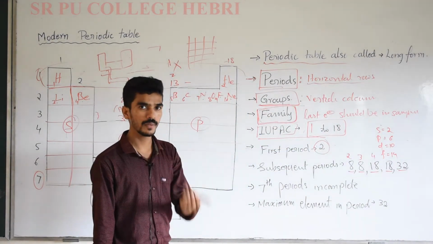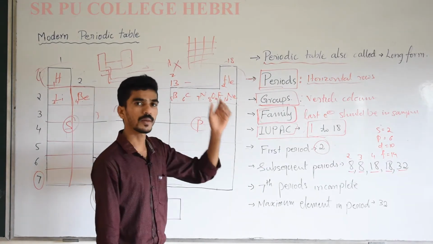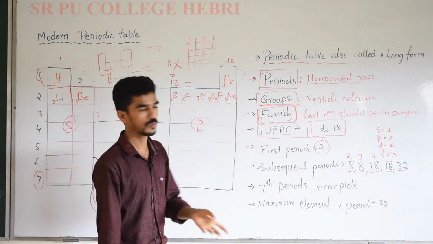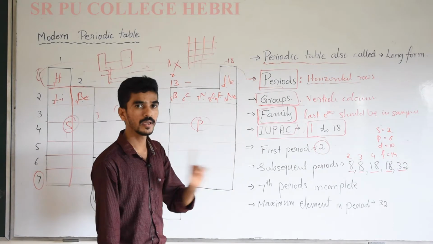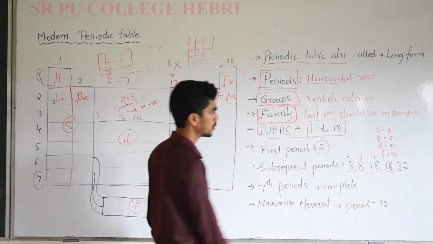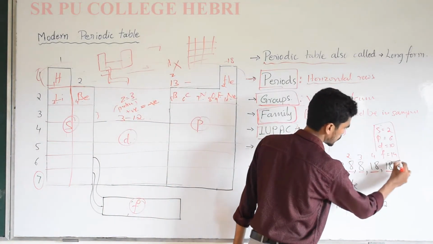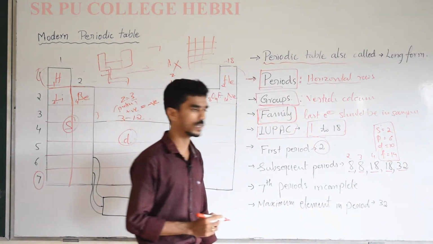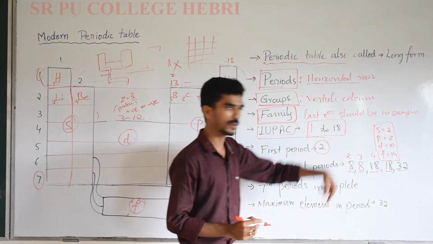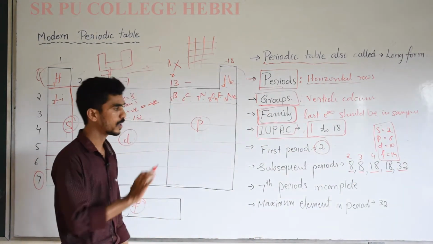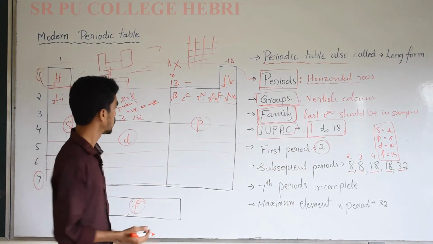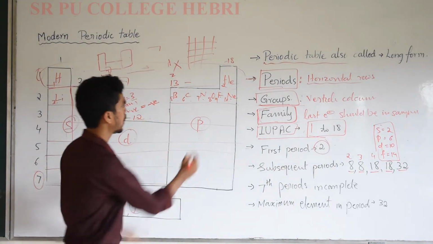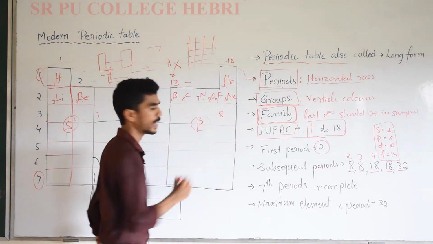So when we fill electrons, the number of protons should be equal, and based on that we can arrange the periodic table. We'll discuss again in detail. Just: S block 2, P block 6, D 10 and F 14. So here the D block is inserted, and you know the third period has 8 elements, right?